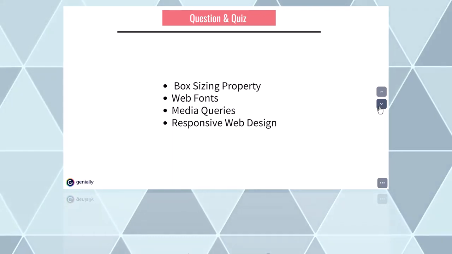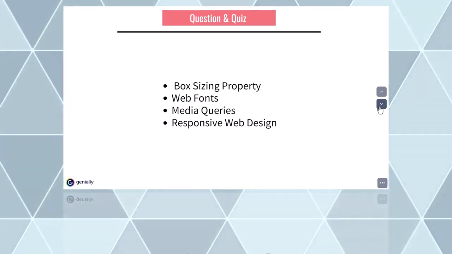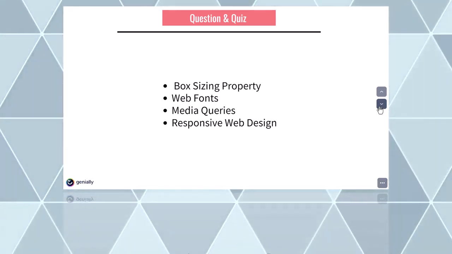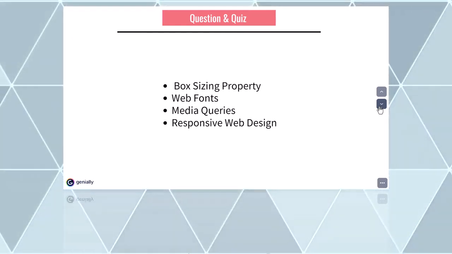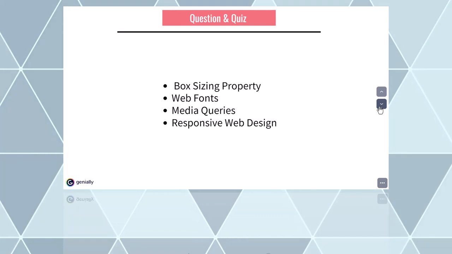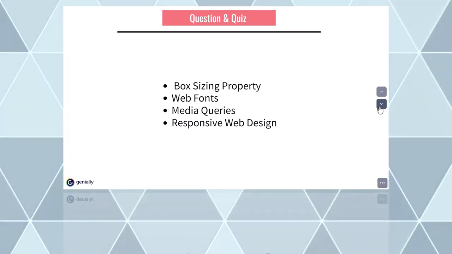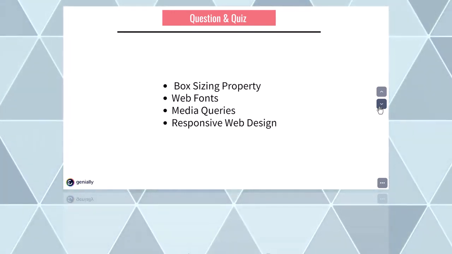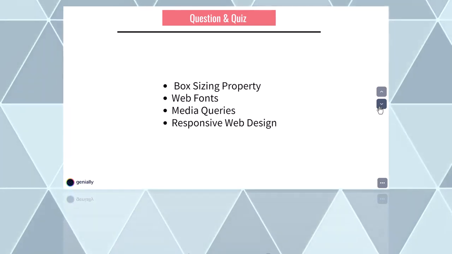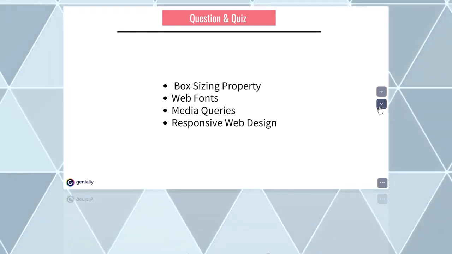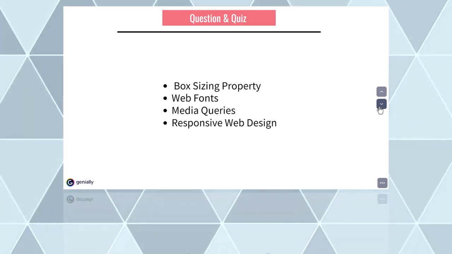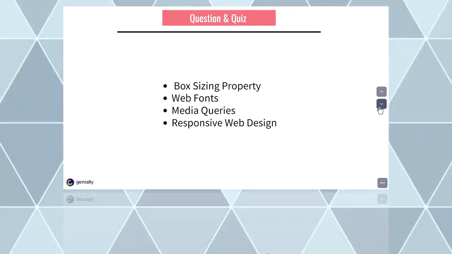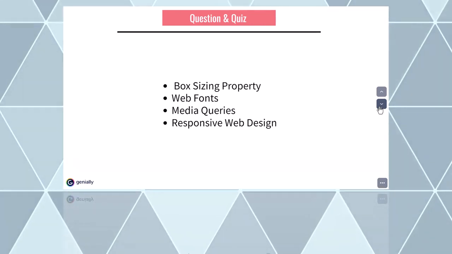Okay, so media queries basically allow you to figure out the layout of your web page based on the device that you're going to view your page on, so that the layout is according to the height and width of the device.